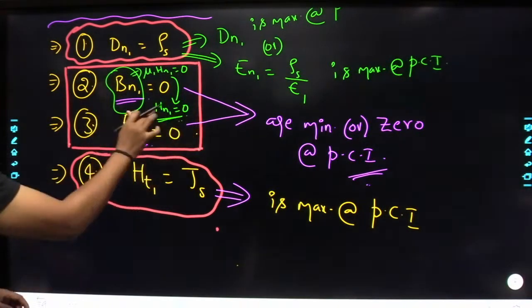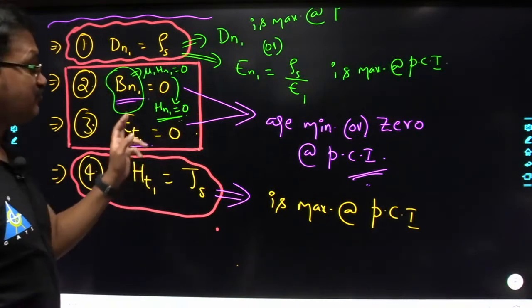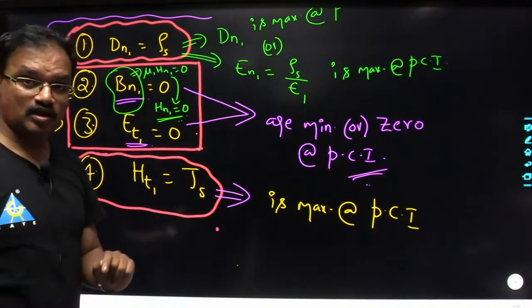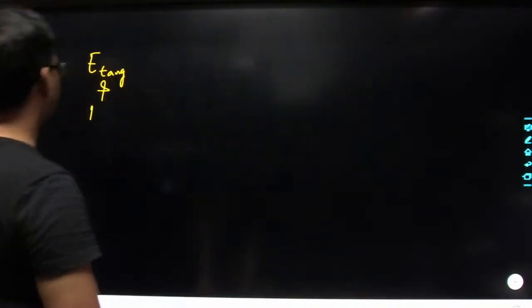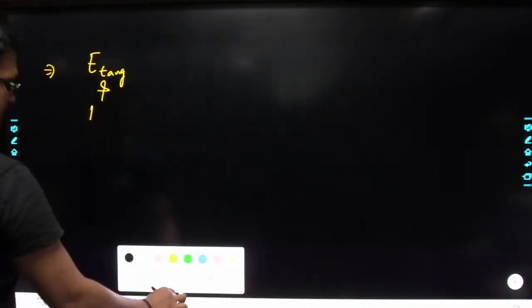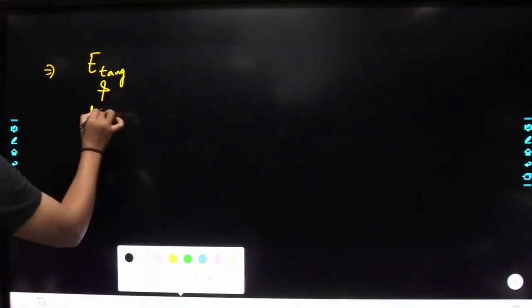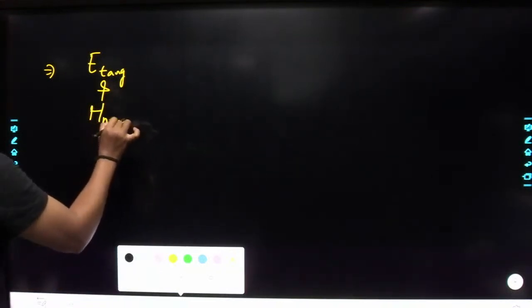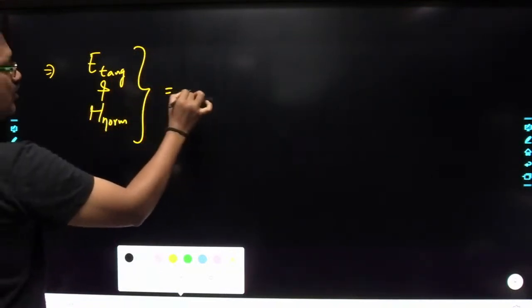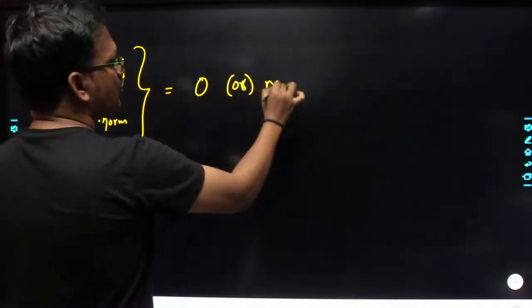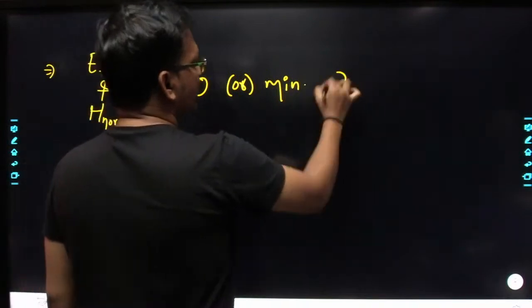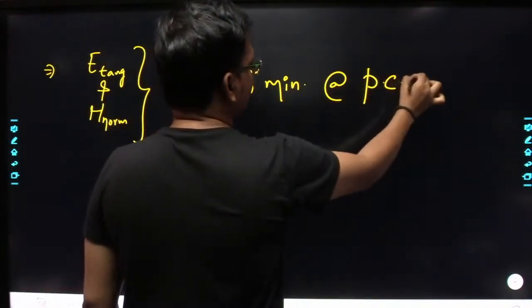That means the normal component of magnetic field intensity is also becoming 0 at the perfect conducting interface. So E tangential and H normal components are becoming 0 or minimum at a perfect conducting interface.